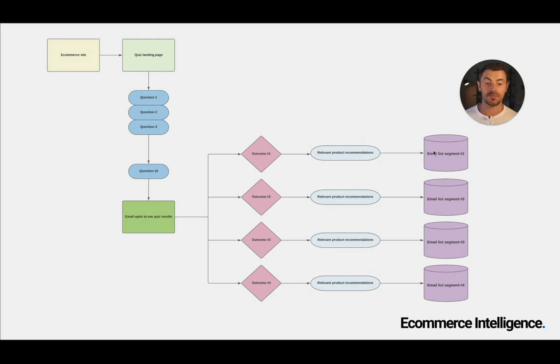So if you can segment out and say, hey, we know everybody in this bucket is specifically interested in fat loss because they've told us this in the quiz, then you can build an entire welcome sequence. You might have 500 products, but say 15 of them are focused on fat loss.